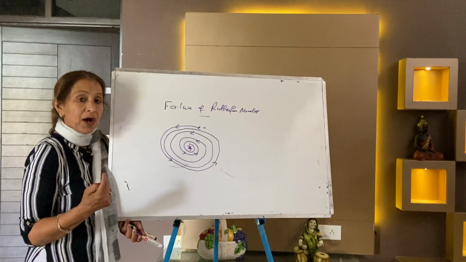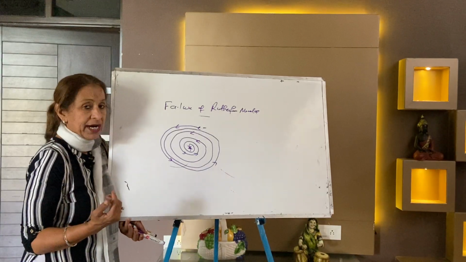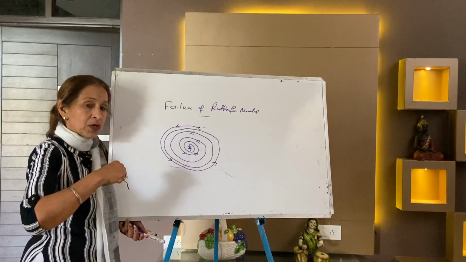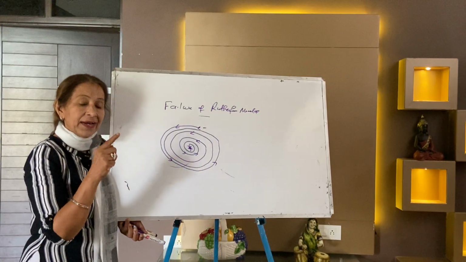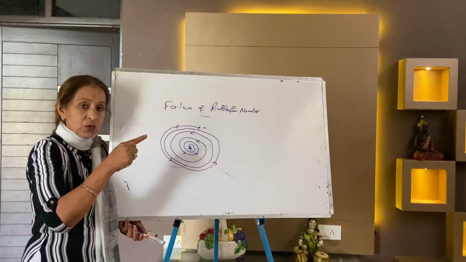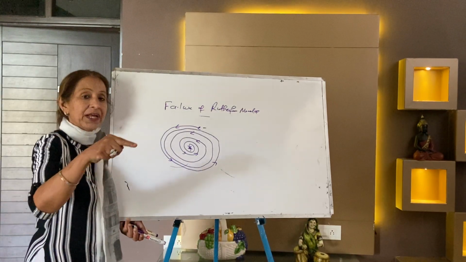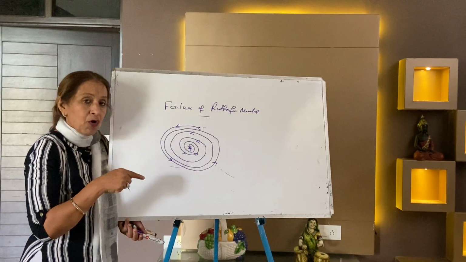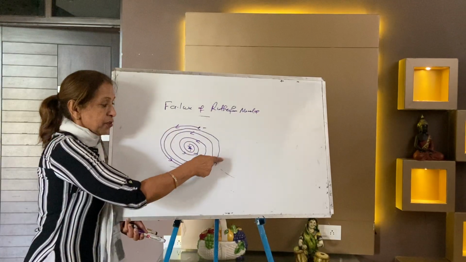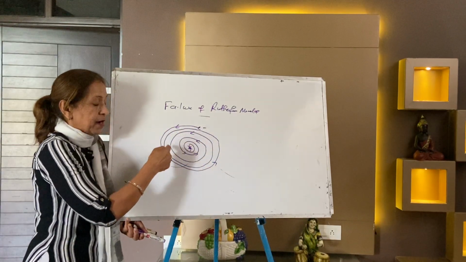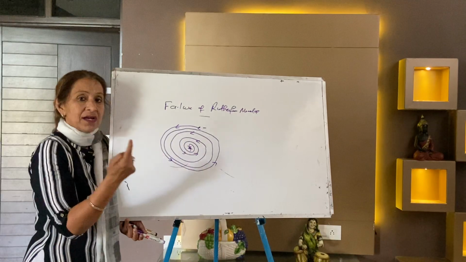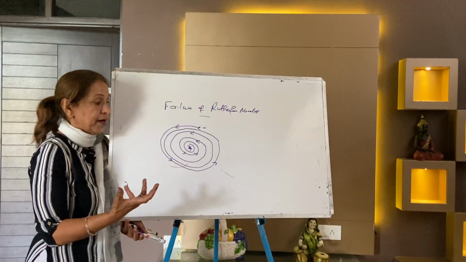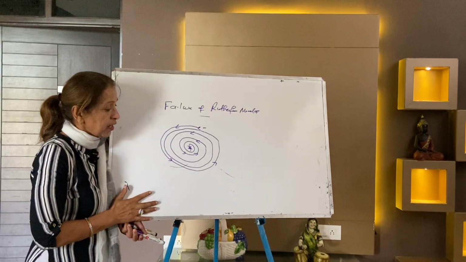Planets are moving around the sun, but both are not charged. As these two are charged, there is a continuous loss of energy in the form of electromagnetic waves. When they lose energy continuously, the orbit becomes smaller and smaller, following a spiral path, and the electron will take just 10 raised to power minus 8 second to fall into the nucleus.